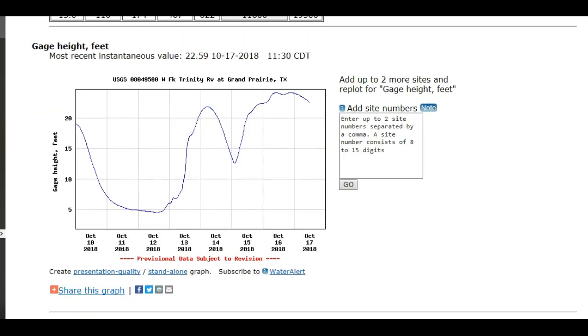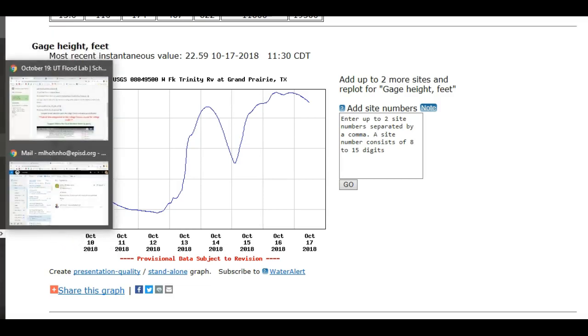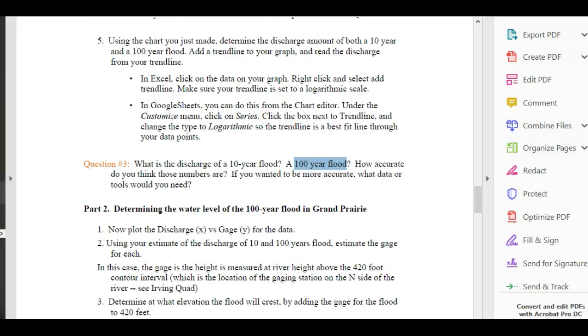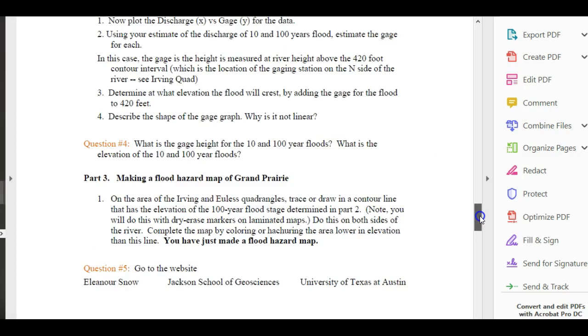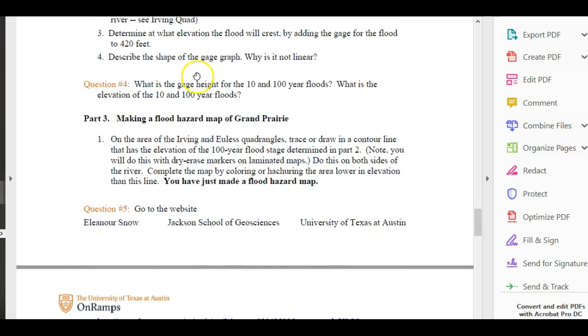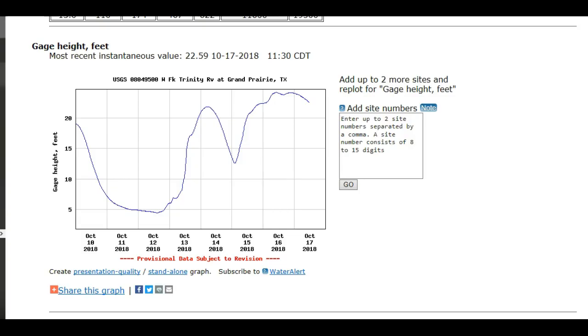On gauge height, you had to answer what is the gauge height for the 100-year flood. Again, that particular question was on number 4. So if I go back and look at question number 4 here, what was the gauge height for the 100-year flood? Okay, so you need to look at that and then go back to the actual website.